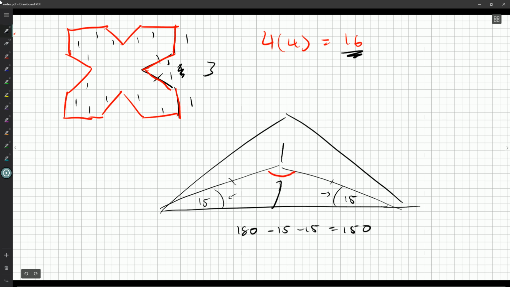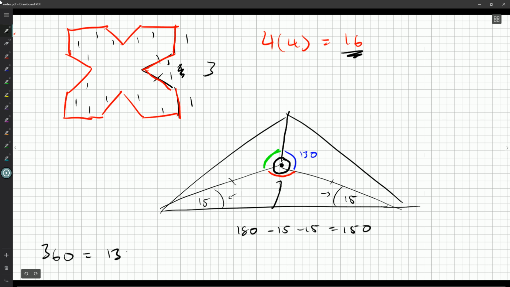And what else are we told in the question? Well, we're told this angle over here is 130. 130, 150. And what do we want? We want this angle over here. Well, look at that. We've got ourselves a full circle around this point D. How many degrees in a full circle? Going around the whole point once from start to finish should be 360 degrees.